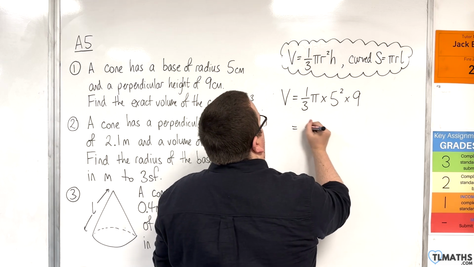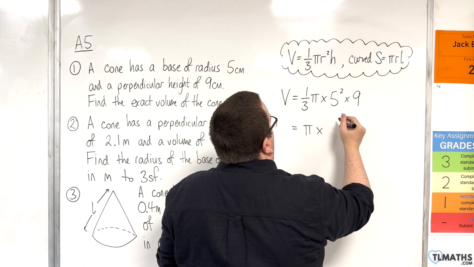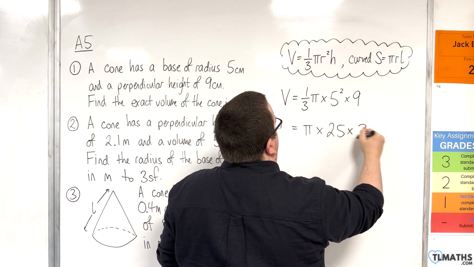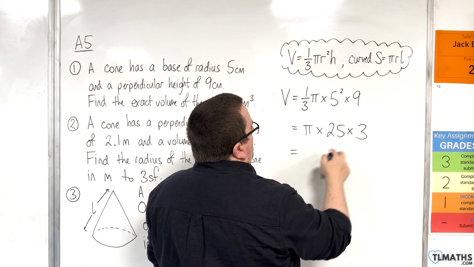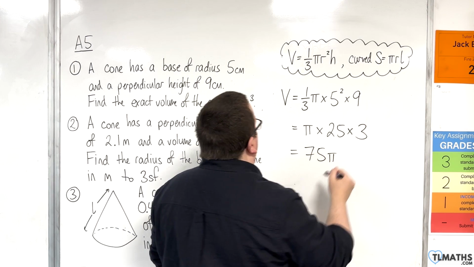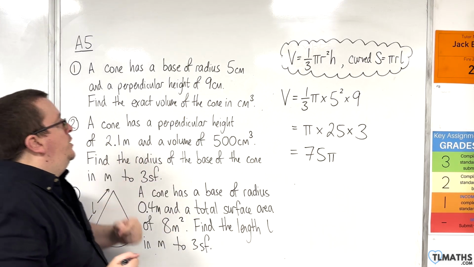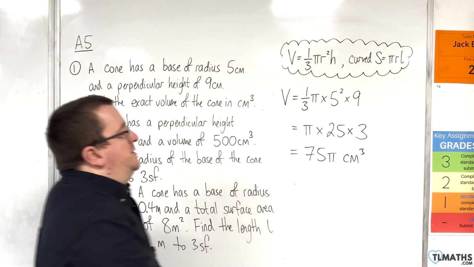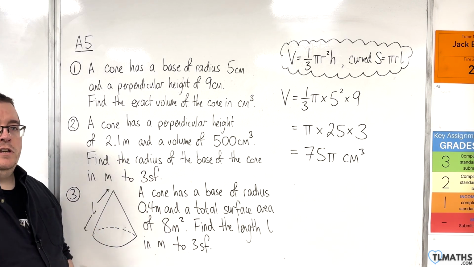So I can make this simpler for myself. So 5 squared is also 25, and the third of 9 is 3, as I said. 25 times 3 is 75, so 75 pi, and that is in cubic centimetres. Okay, and that's my exact volume.